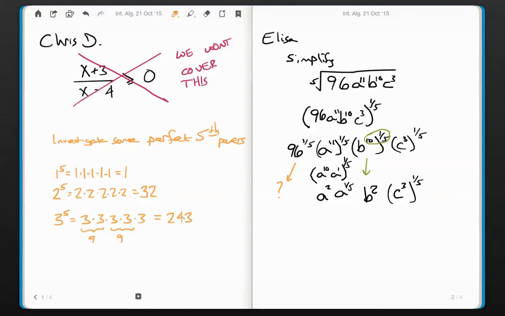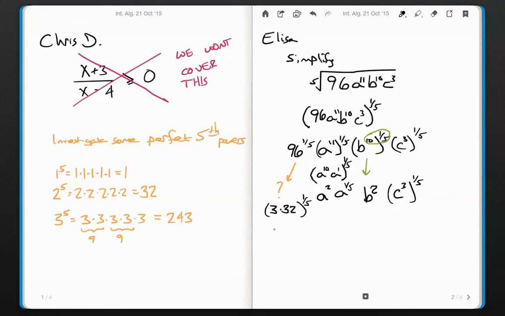So even just knowing these few perfect fifths here, I look at this 96, and I certainly can't fit a 243 into there, but 32 goes in pretty nicely, so I'm going to write that one as 3 times 32 to the 1/5 power.